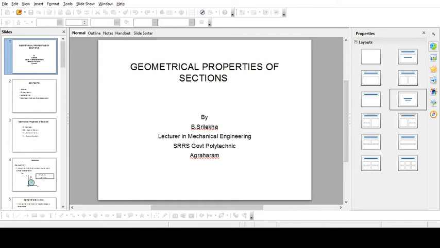So x bar and y bar are simply the value of the centroid of that particular composite figure.